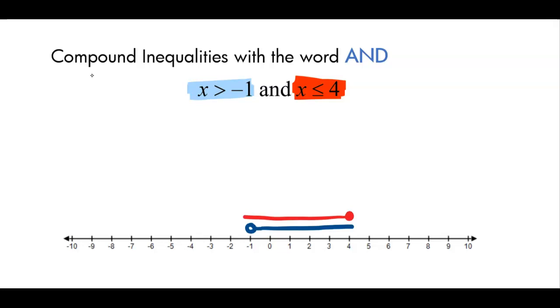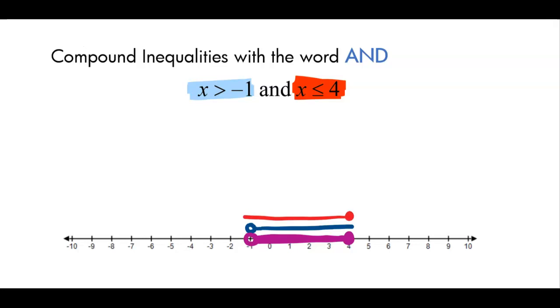So the way I would actually graph the solution to this one is to have an open circle at -1, a filled-in circle at 4, and then shade everything in between. So truly what this is saying is we're interested in the numbers that are in between -1 and 4, including 4, not including -1. And there's another way to write that algebraically.